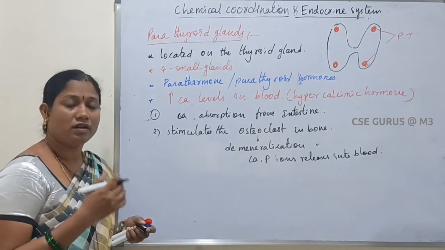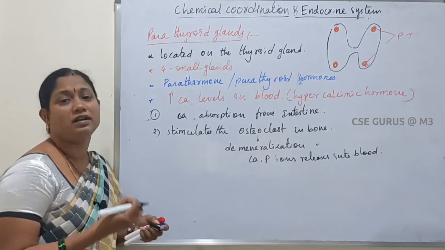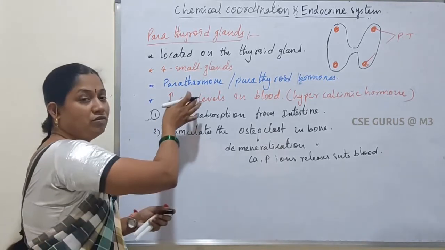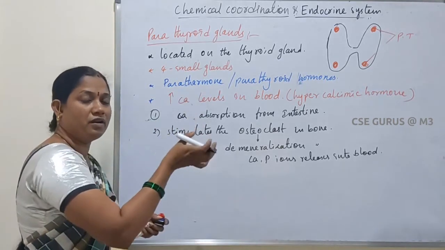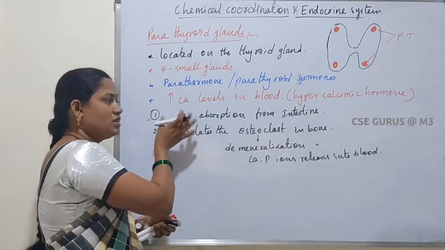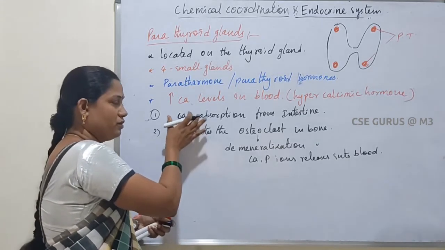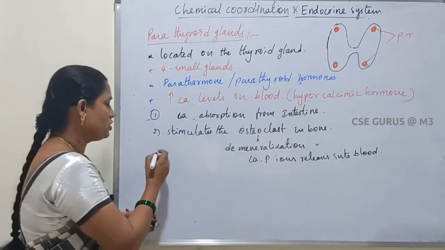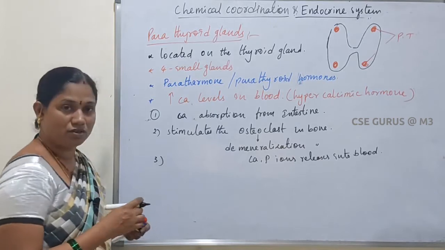Whenever the calcium levels in our blood are decreased, this hormone is secreted into the blood. As a result, this hormone stimulates the calcium absorption from the intestine. Next function, it stimulates the osteoclast.